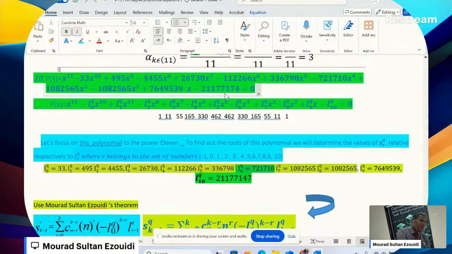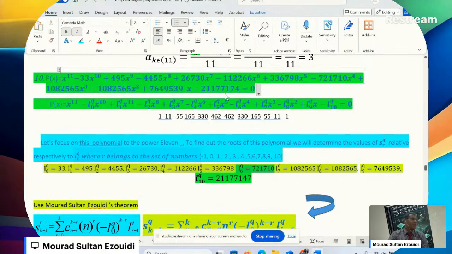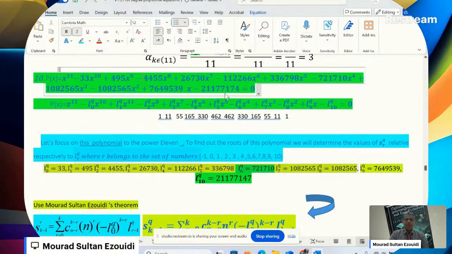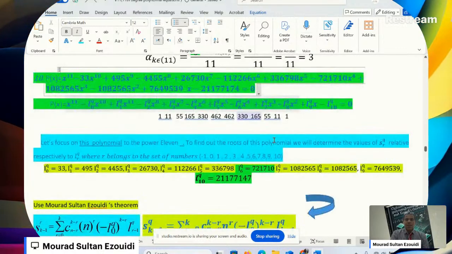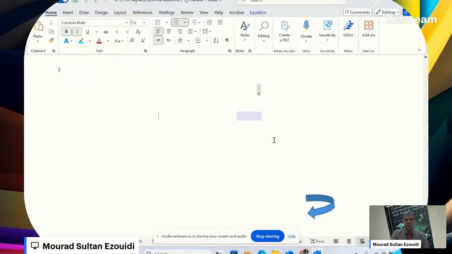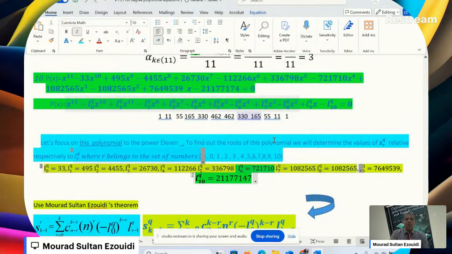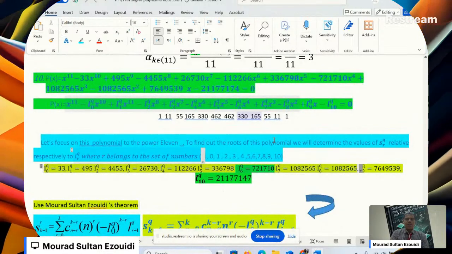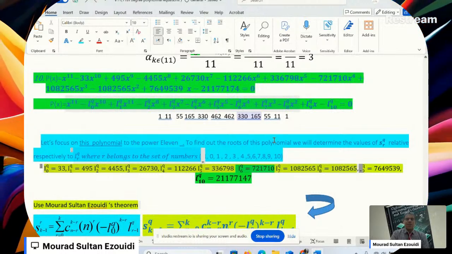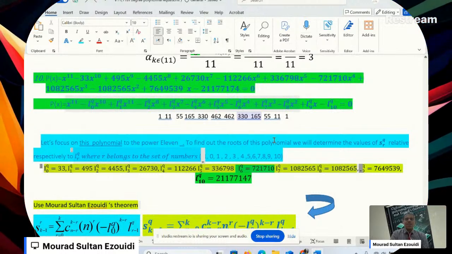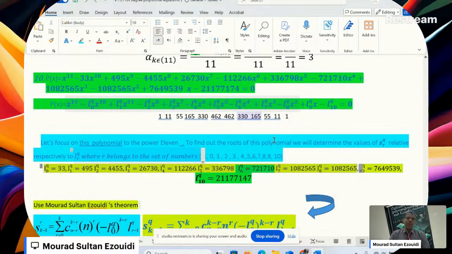So we'll start, my kids. Here I'm going to use Ezouidi's theorem, meaning I'm going to find s minus 1, s0, s1, s2, s3 up to s10.